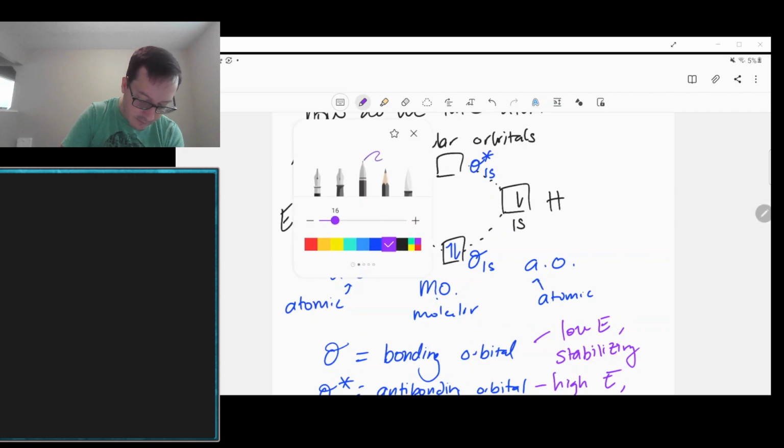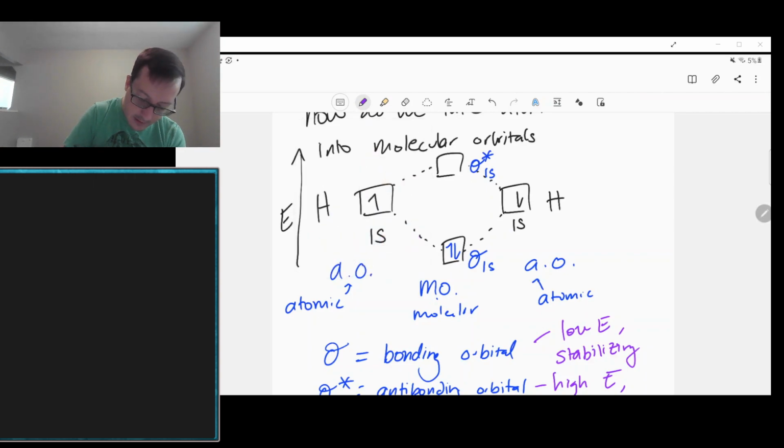While I've done a kind of bad job of it, suffice it to say that the delta energy here should be the same as the delta energy here, ideally.